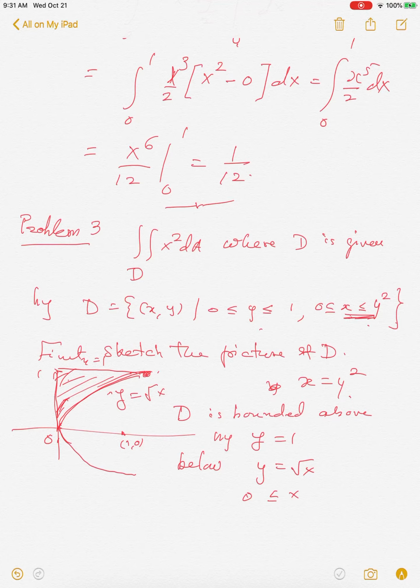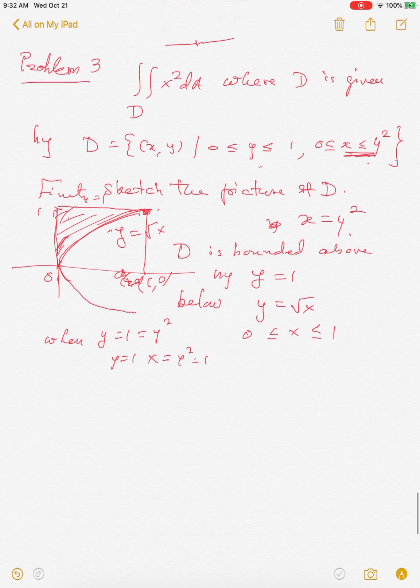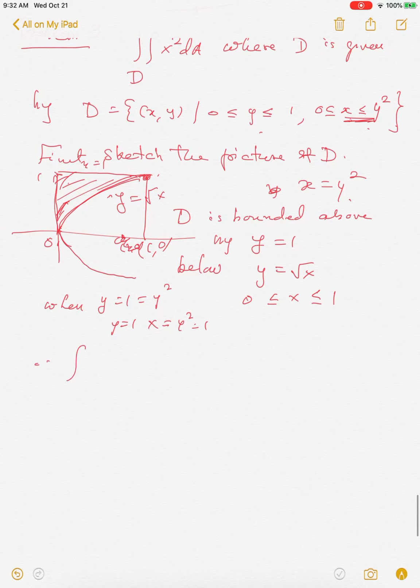So now you have to find the common part between y equal to 1 and y equal to root x. When 1 equals y squared, y is 1. So x will be y squared, which is 1. So this point is (1, 1). So x will vary between 0 to 1.